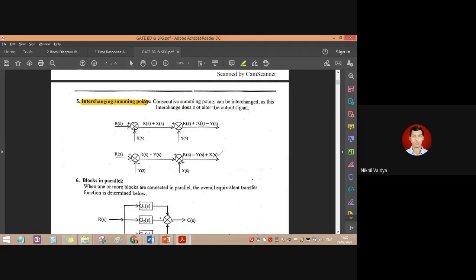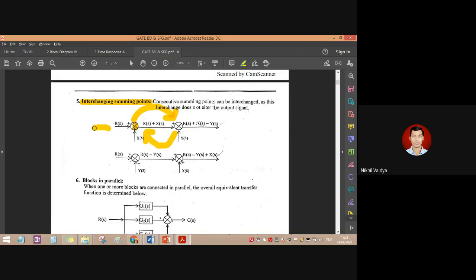interchanging the summing points. In block diagram reduction, we may need to interchange the summing points. Means what, sir? The position of this summing point needs to be changed here, and this summing point needs to be shifted here. So how to do that?